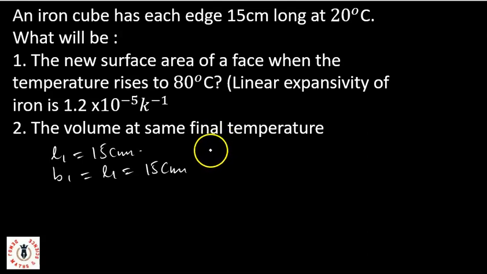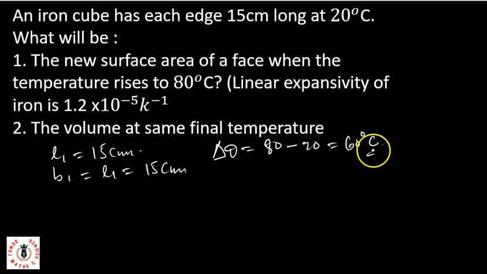The question says we should look for the new surface area of a face when the temperature rises to 80 degrees Celsius. So my change in temperature is my final temperature 80 minus the initial temperature, which is equal to 60 degrees Celsius.